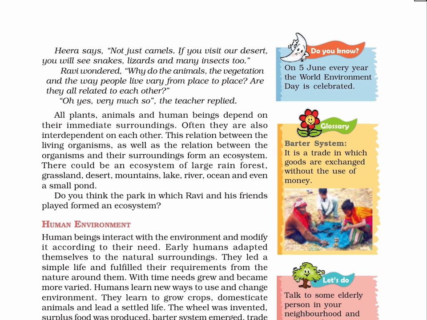"Oh yes, very much so," the teacher replied. "All plants, animals and human beings depend on their immediate surroundings. Often they are also interdependent on each other. This relation between the living organisms as well as the relation between the organisms and their surroundings form an ecosystem.